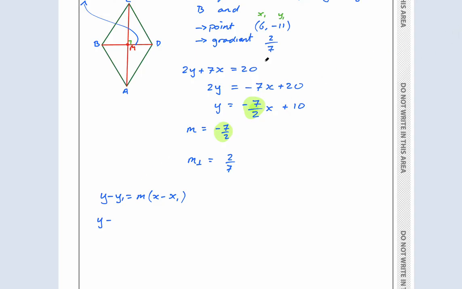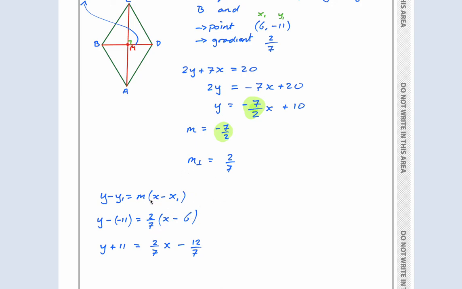So it's y minus 11, careful, equals 2 over 7 into x minus 6. But, so that's the equation of the line, and I can write y plus 11 equals 2 over 7x minus 12 over 7. So I'm multiplying out this. So that's the equation of the line.